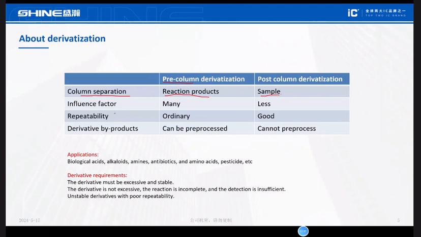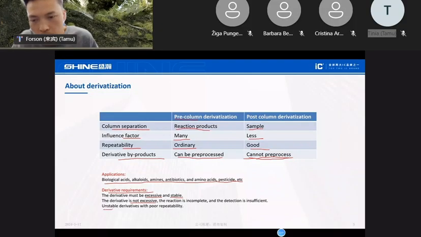Next one is the influence factors. The pre-column has a lot of effect factors. And if the derivative is not stable, it will cause poor repeatability.